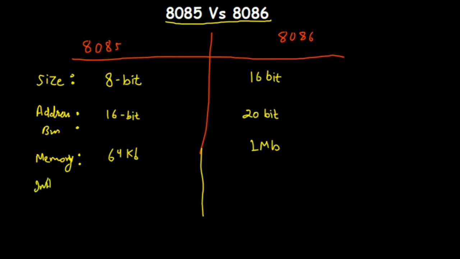Now the next one is instruction. What we are having here in the instruction is that the 8085 does not support pipeline architecture. Well, let me write it also. Let's use a different color for the variety, the blue color here. It does not support pipeline architecture.